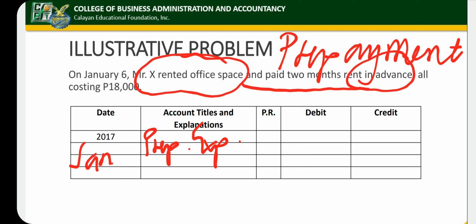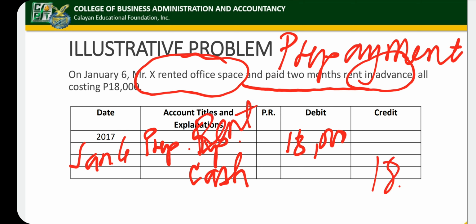Bago ko malimutan ang date. Then, we're going to credit cash since we make cash payments, di ba? Advance payment to the lessor. So, in this case, we debit prepaid rent. So, ito po ay prepaid rent.